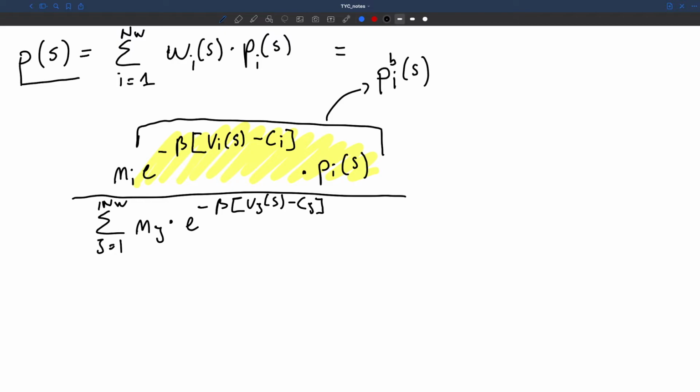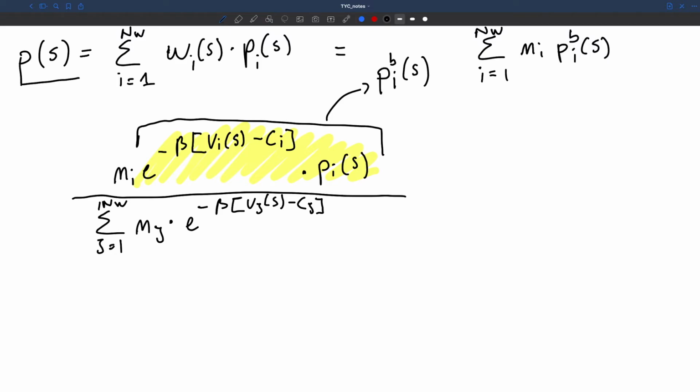P of s becomes the sum, i that goes from 1 to the number of windows, of ni pb i of s.